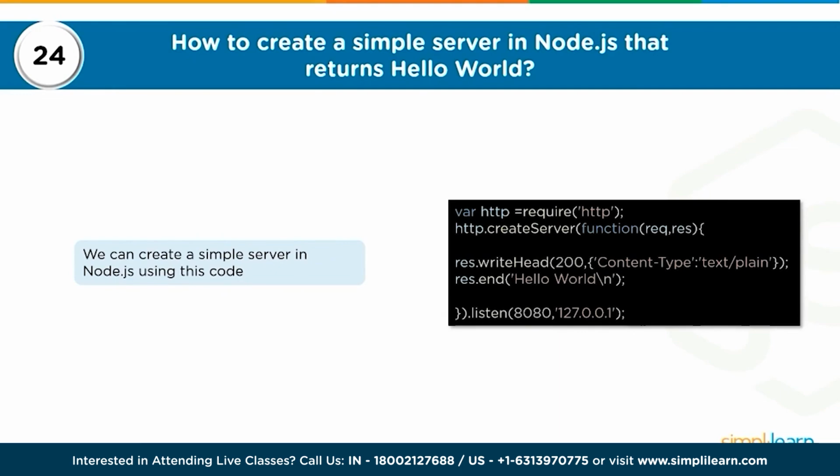And then the final line is to listen: if you go to a web browser on 127.0.0.1 or localhost and go to port 8080, that will trigger this application and you'll get the text hello world pop up on your screen.